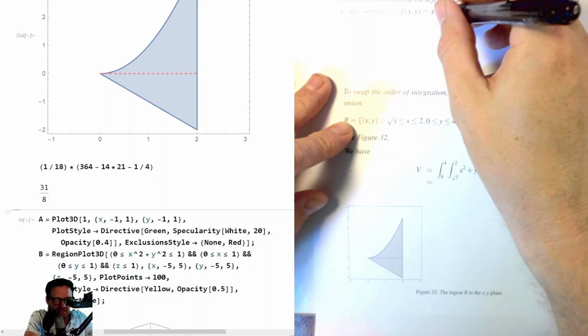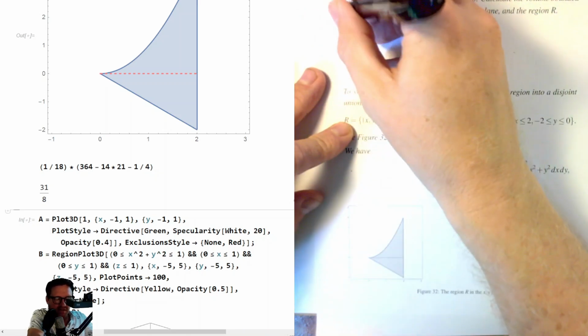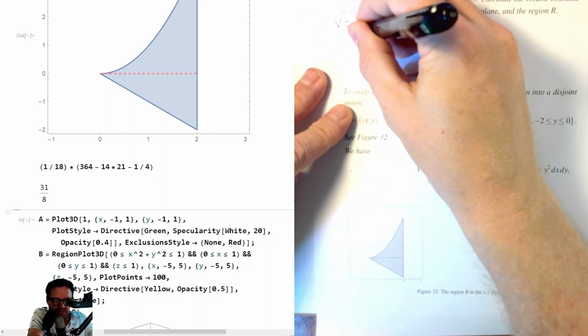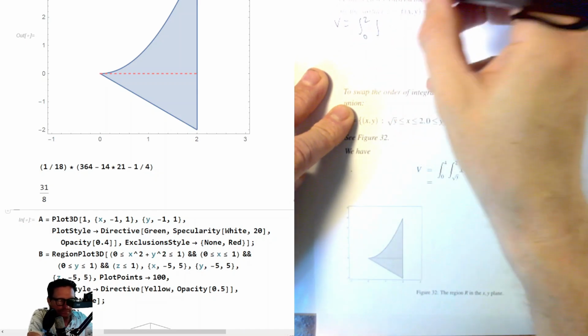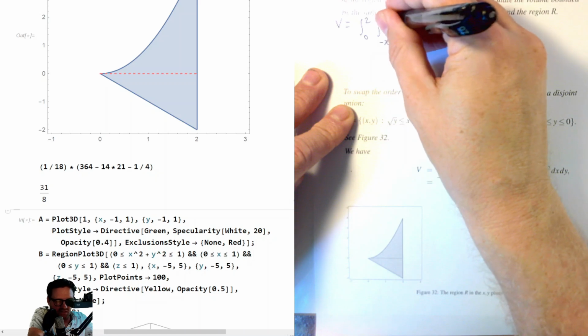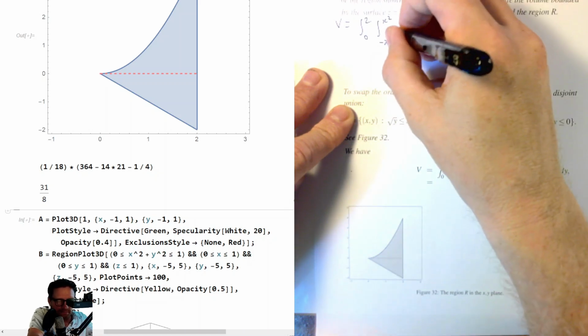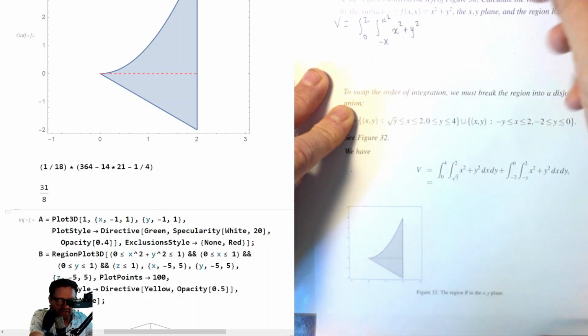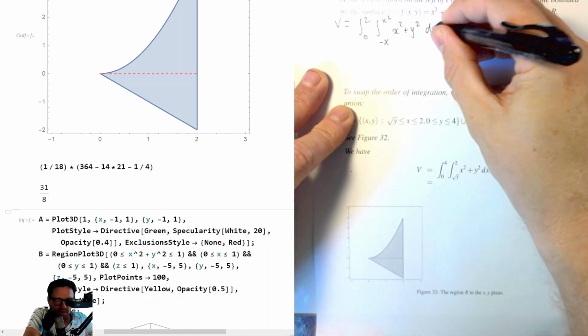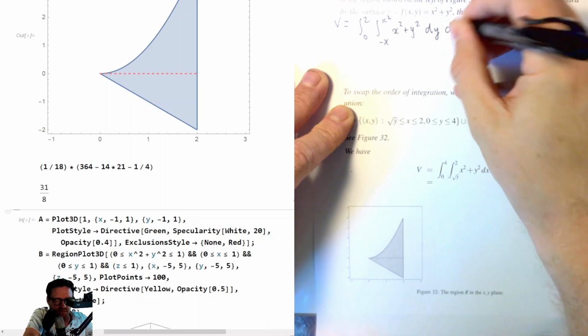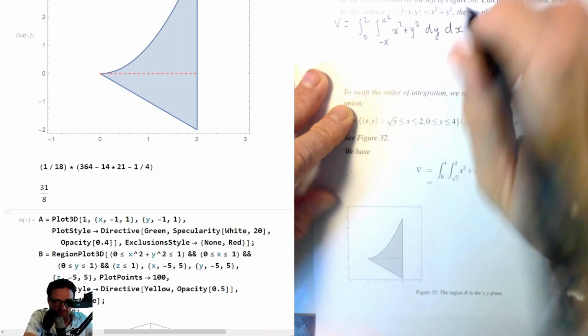The surface is x squared plus y squared, so we have the volume equal to the integral from minus x to x squared, integrating x squared plus y squared. Now that's with respect to y first, and then with respect to x.